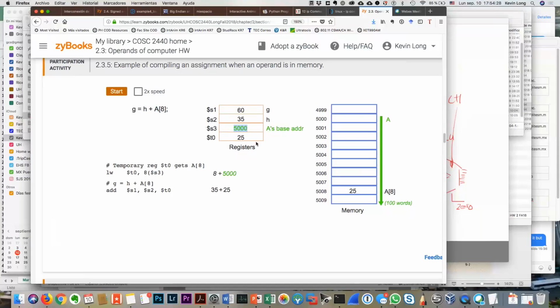Take it at its word. They said all the right things. The starting address in memory. Okay, that tells me it's a byte address. I don't need to do anything to this. It's already correct. The starting addresses are bytes in RAM. So the starting address in memory is 5,000.